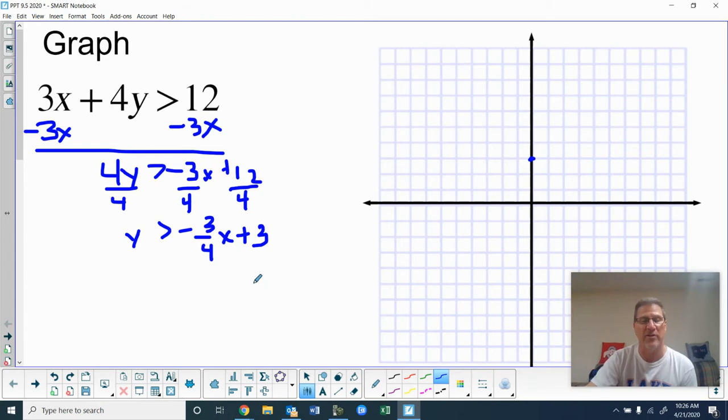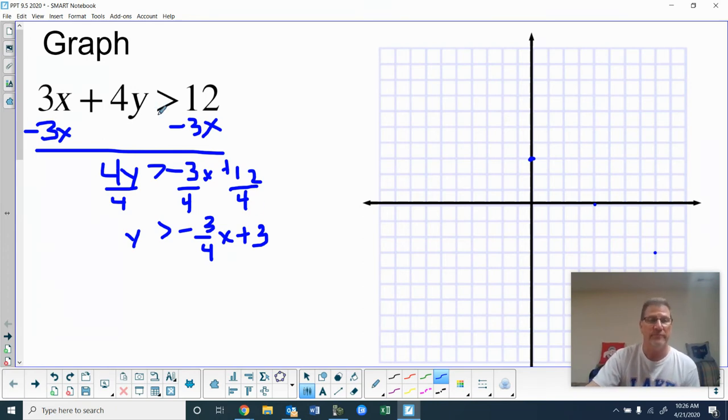Rise over run, remember? So negative is down, and positive is to the right. We go down 3, which is at 0, and right 4, which would be over at 4. And we make another dot. 1, 2, 3 down, and 1, 2, 3, 4 over. And then we're going to connect them.